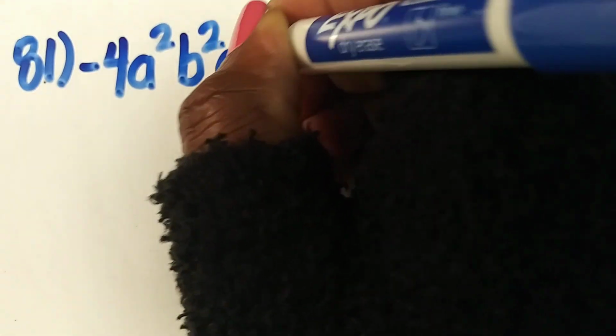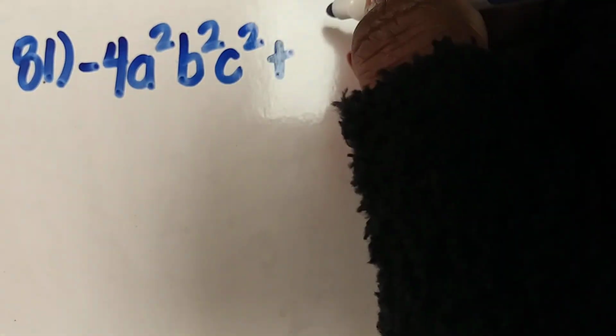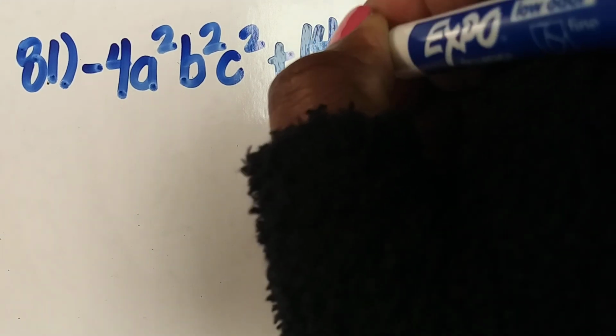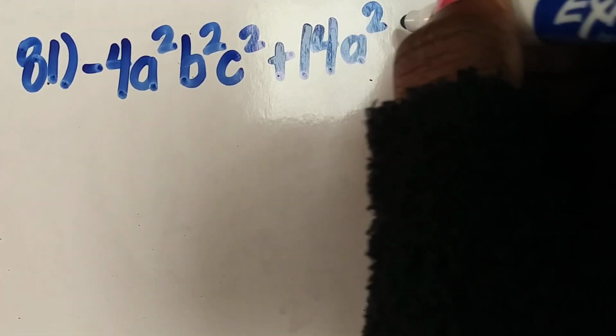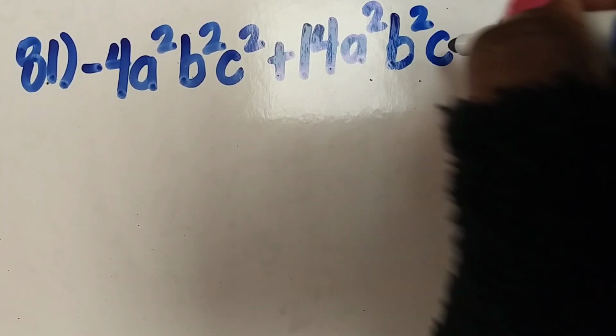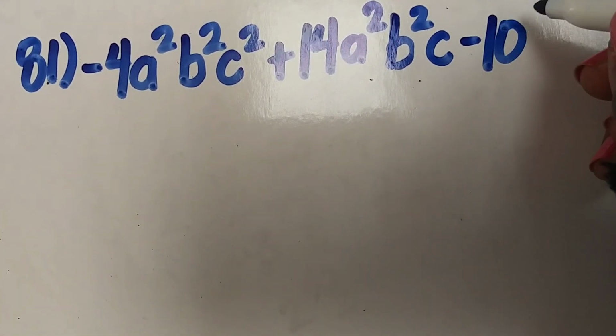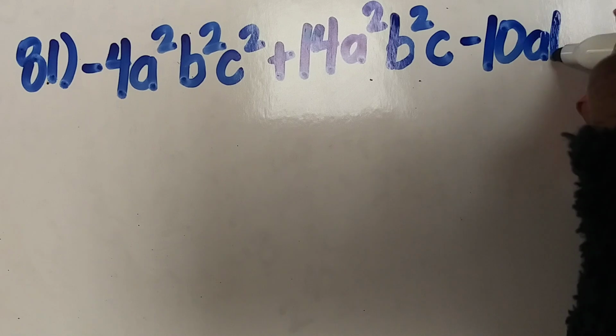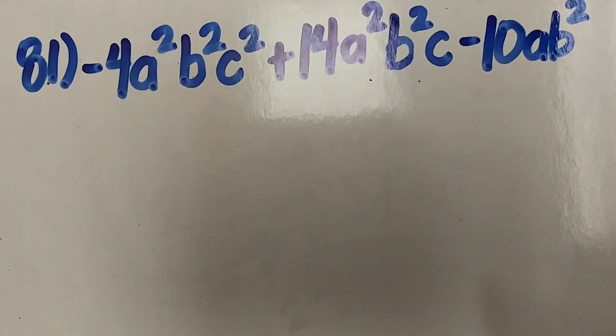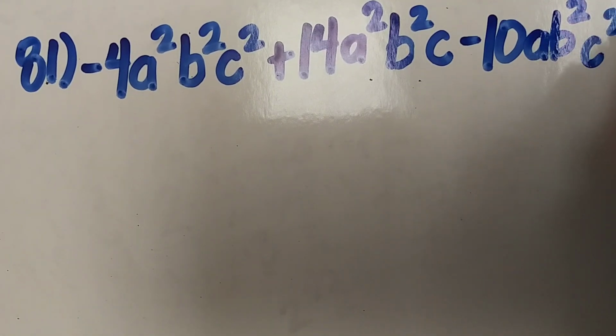I want to write down 81, not 82. I have negative 4 a squared b squared c squared, plus 14 a squared b squared c, minus 10 a b squared c squared.